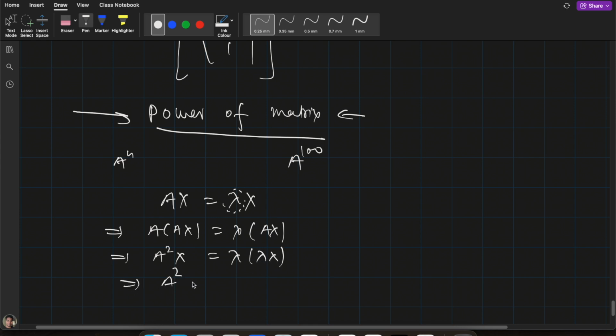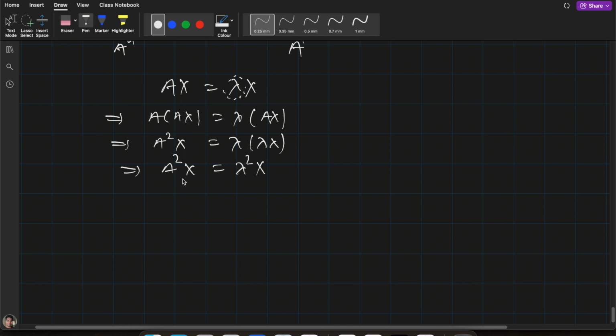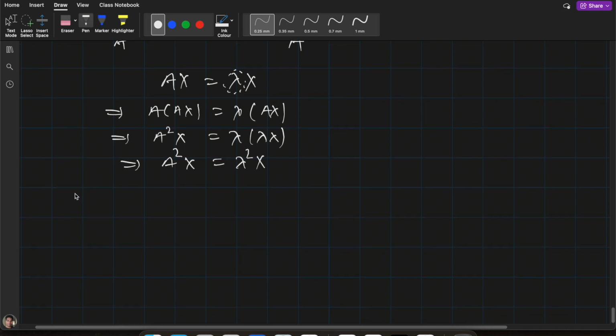So that will be A squared x equal to lambda squared x. Similarly you can do the nth operation, so you will get A to the power n x equal to lambda to the power n x.